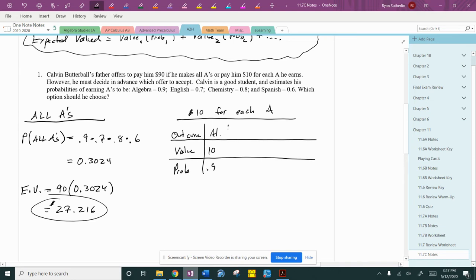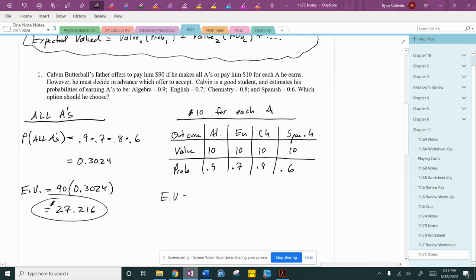He makes $10. An A in English, value $10, the probability is 0.7. An A in chemistry, value $10, the probability is 0.8. And then in Spanish, value $10, and he has a probability of 0.6.